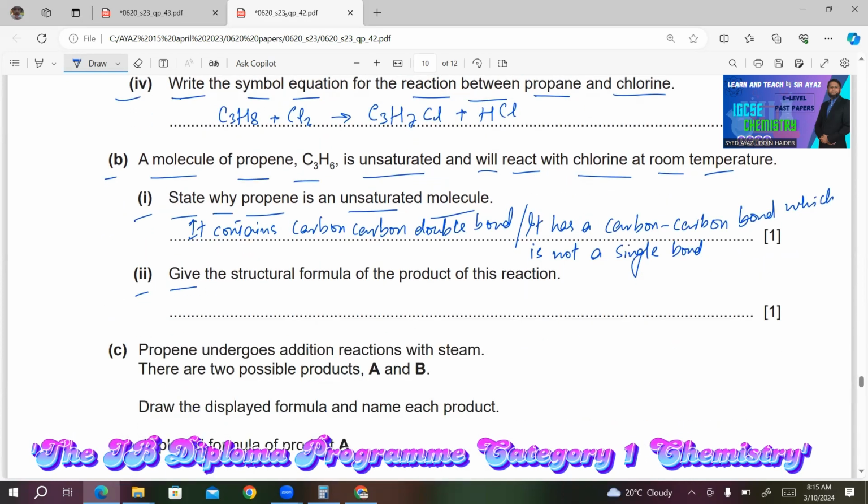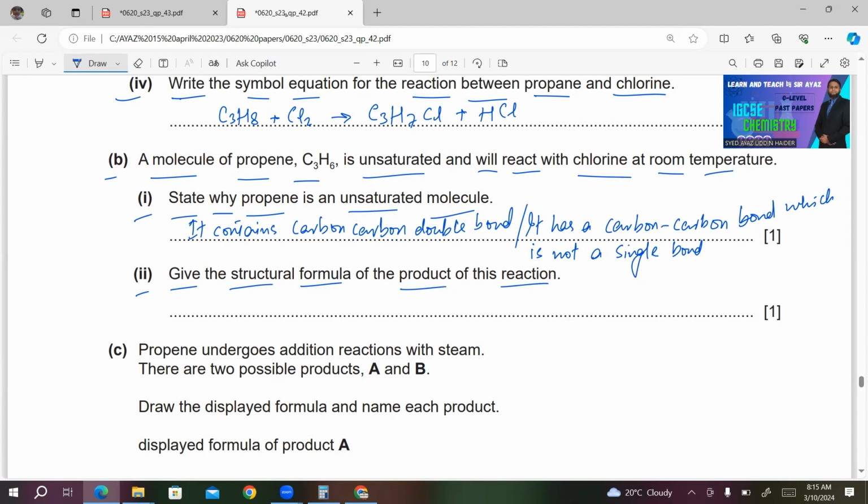Number 2, give the structure formula of the product of this reaction. So we need to draw the structure formula of the product of this reaction. This is an addition reaction. You simply have to add a chlorine molecule to propene. In order to draw the structure formula, how many carbon atoms are there? There are 3 carbon atoms. You need to show the condensed formula.